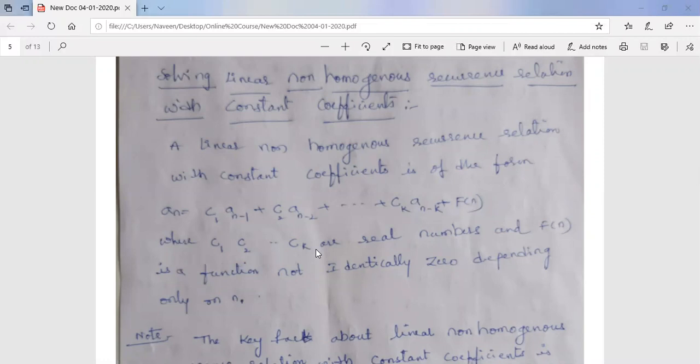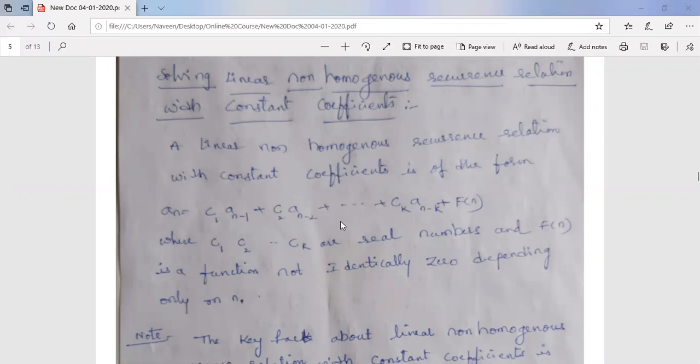Such an equation is known as a linear non-homogeneous recurrence relation.